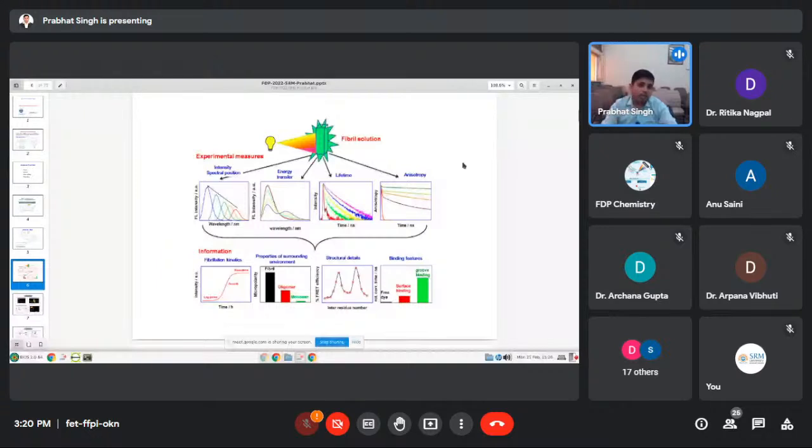But still, since I'm discussing it, I must tell what a fibril is. A fibril is nothing but some sort of protein aggregate. Normally, when a protein is in the native form, all of you are aware that proteins have their native structure in the form of secondary, tertiary and quaternary structure, right? When it is in the native form, it has its best function, and that is when the body preserves it.